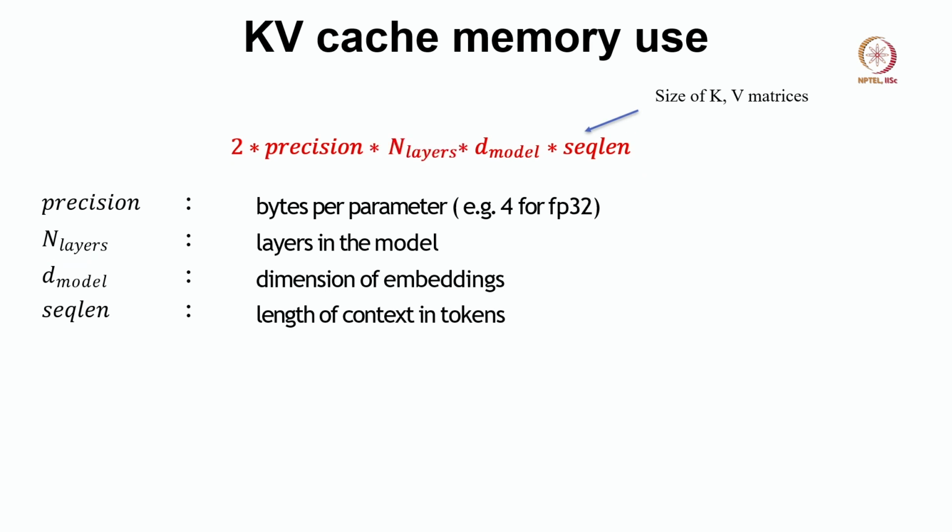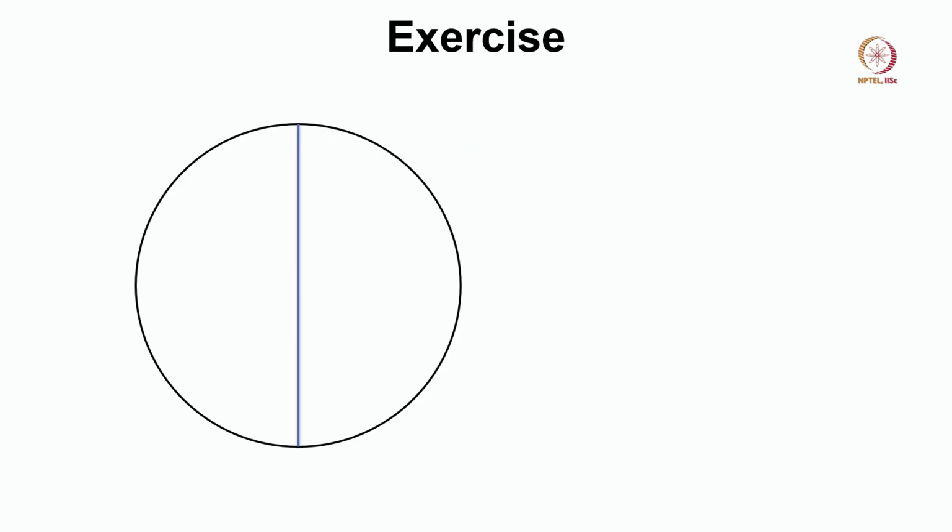So that's the size of the KV matrices. Hopefully we understood this. Now let's take some real numbers and see how much actual memory the KV matrices take.